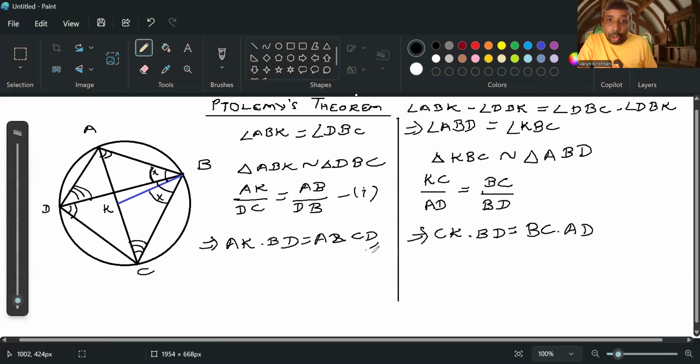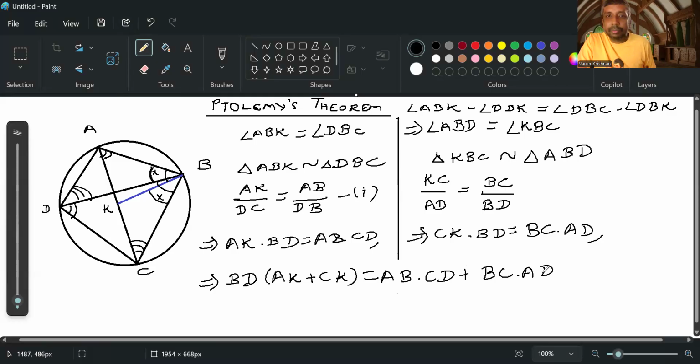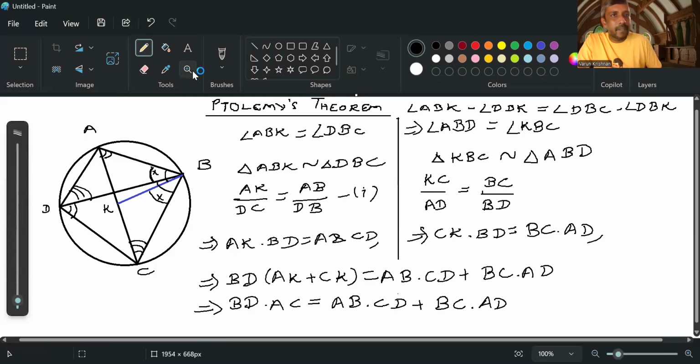Now if I add these two equations, on the left-hand side I can take BD common, and inside I'll have AK plus CK, which will be equal to AB into CD plus BC into AD. Now, AK plus CK is nothing but AC. So BD into AC will be equal to AB into CD plus BC into AD.